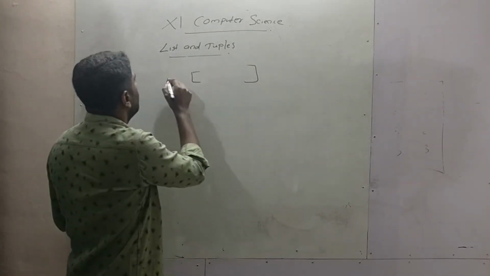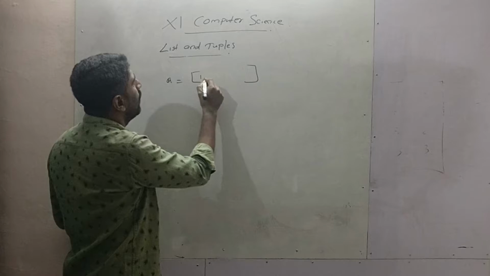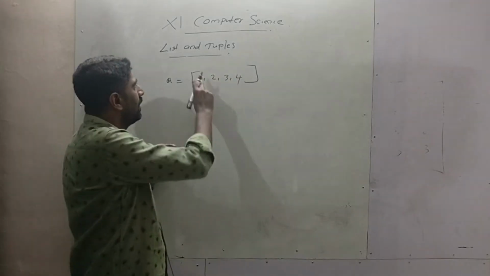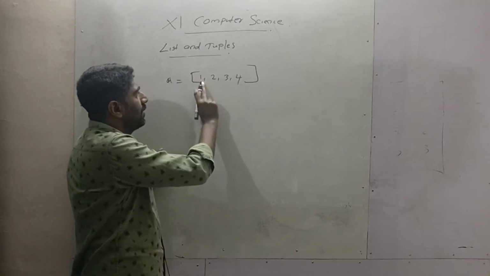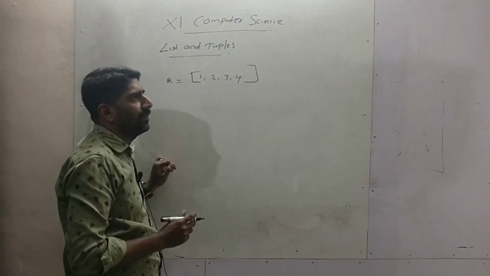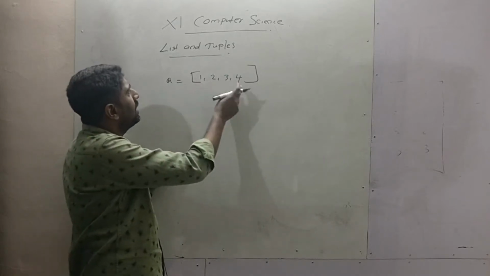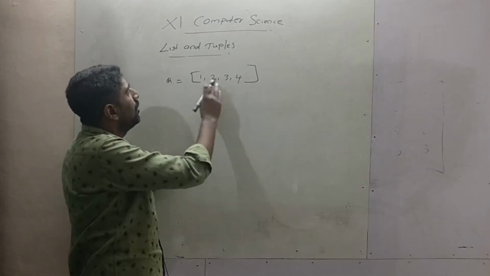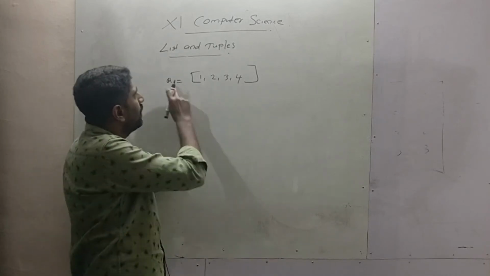For example, A is equal to [1, 2, 3, 4]. It's a list. That means the group of elements 1, 2, 3, 4. All these are called list members or list elements. All these elements are separated by commas. It is called a list. A is called a list.